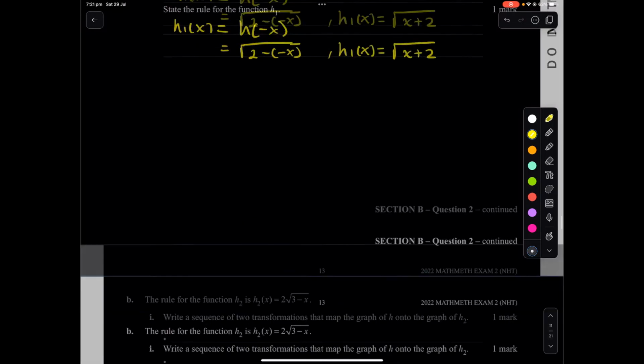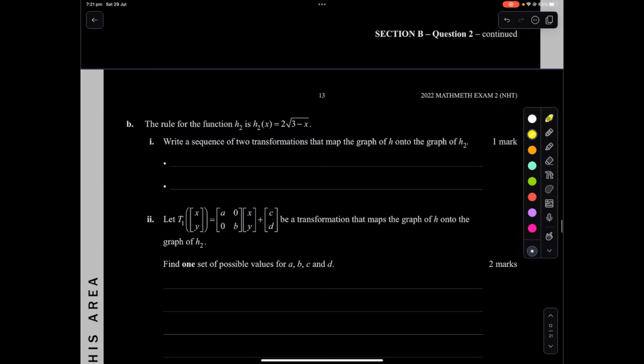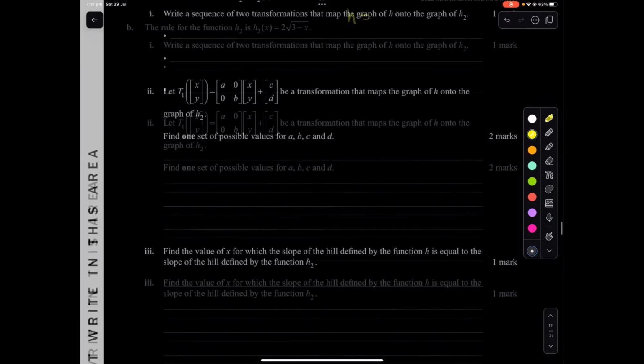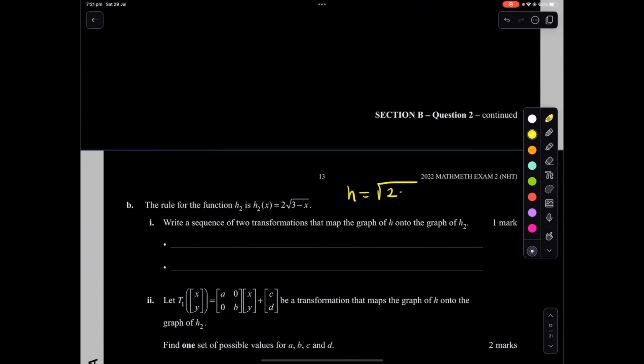Okay, that's your rule. Next, state the sequence of transformations that map the graph of h to h2. So h was originally root 2 minus x.